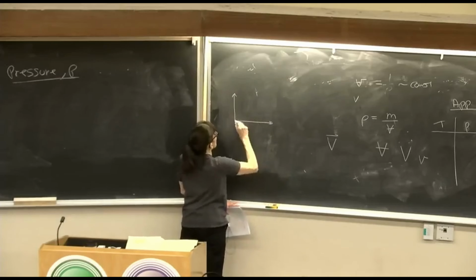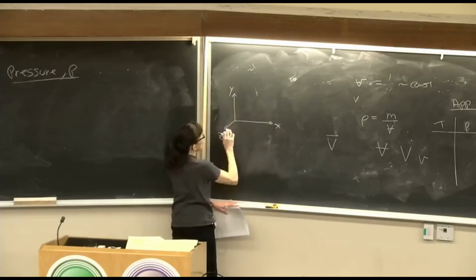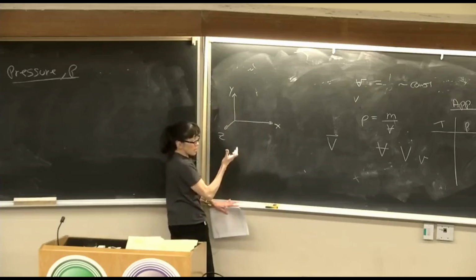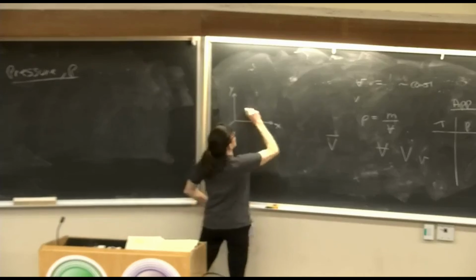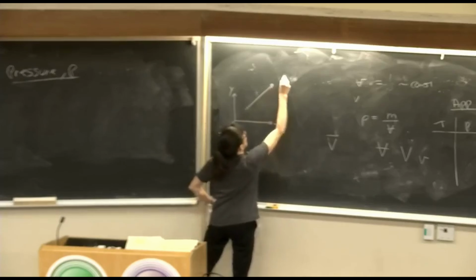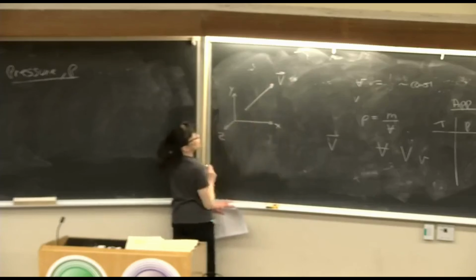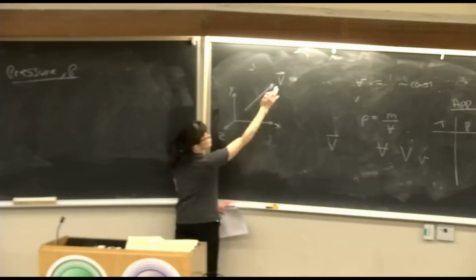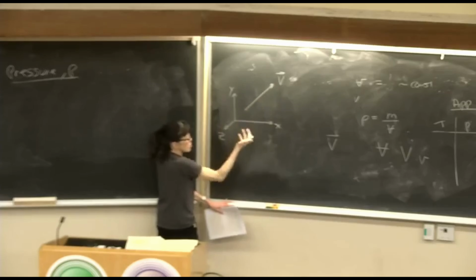So if we have x, y, z, three-dimensional space, as described using Cartesian coordinates, and we have the velocity vector, okay, and that's the velocity at a particular point, we can break this velocity vector into the components in each of the three directions.